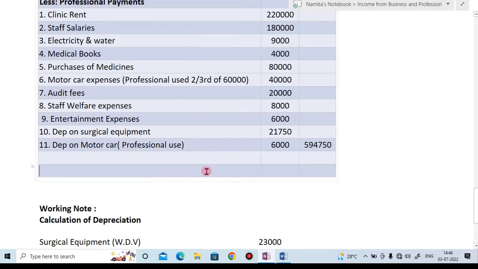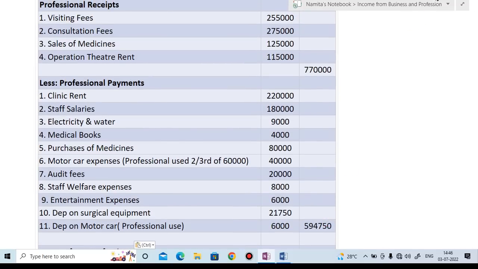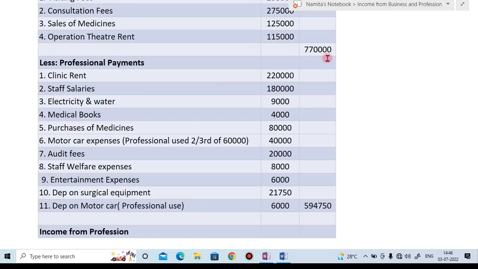So the remaining balance, the total professional income, is 7,70,000 minus 5,94,750.